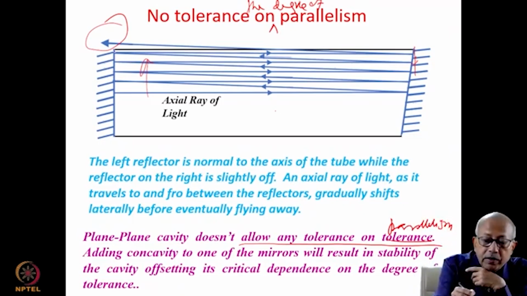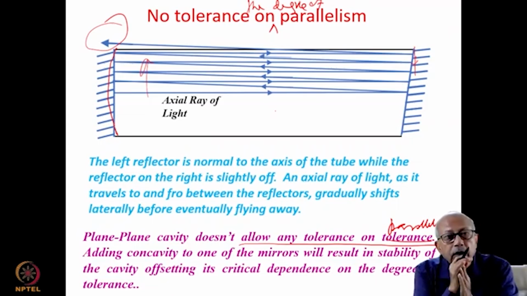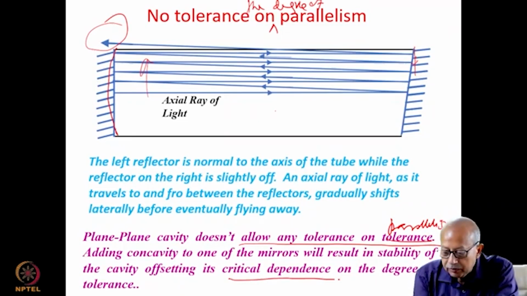Adding concavity to one of the mirrors will add stability to the cavity, because the concave mirror focuses the beam of light and it will offset the critical dependence on the degree of tolerance.